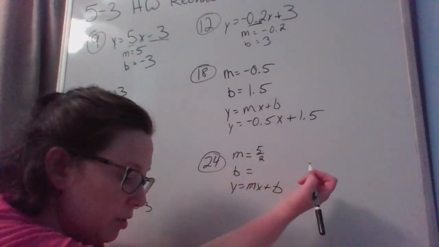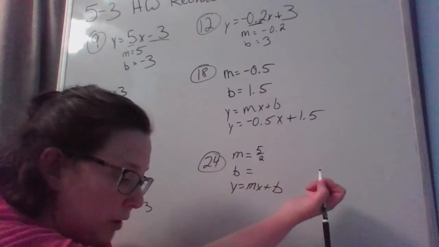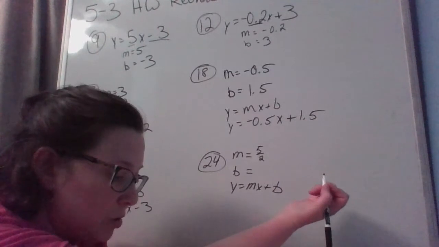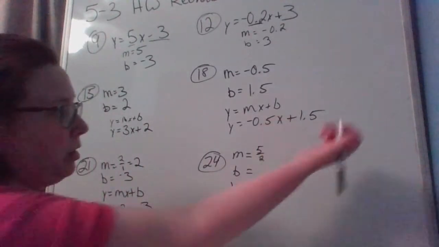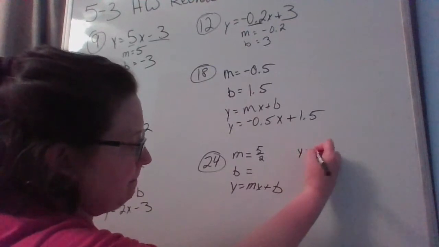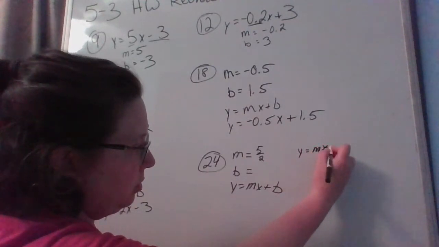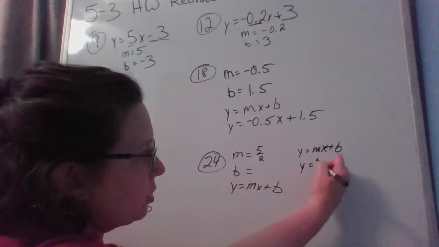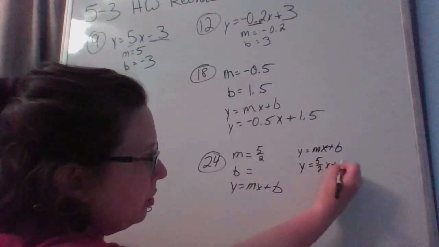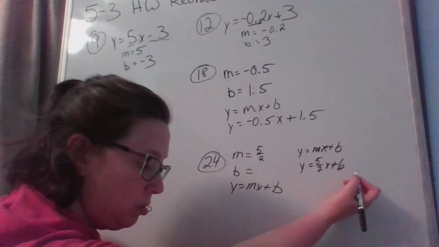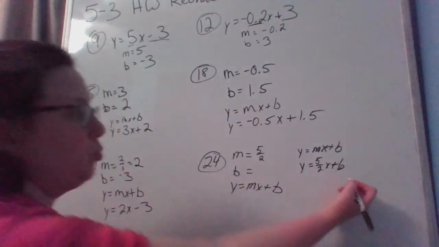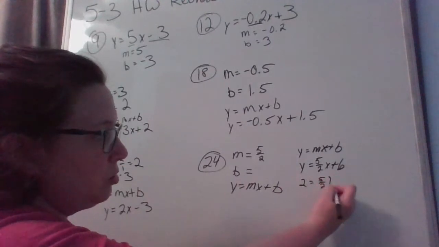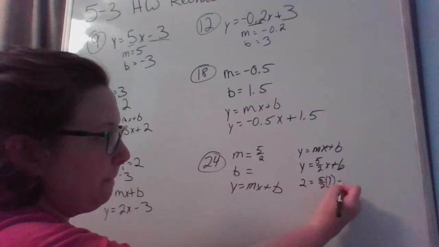And our intercept, this one is tricky because you can't really see it, can you? So what I'm going to have to do here is plug my slope and one of the points that I can tell into this equation. So I'm going to use 1, 2, and plug that into this equation.